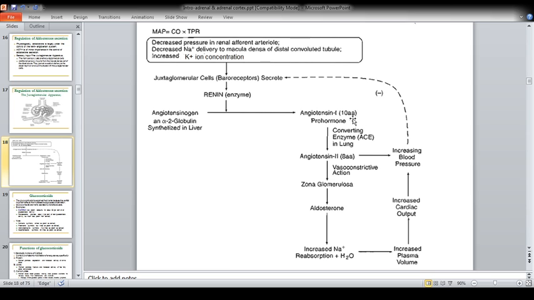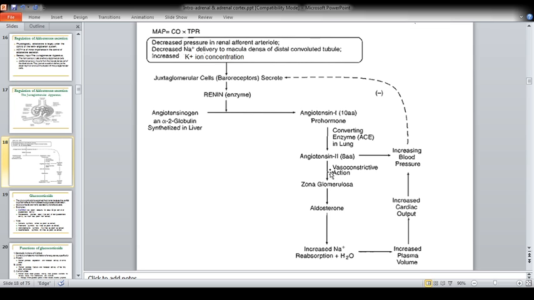This angiotensin 1 is activated via an enzyme which is known as angiotensin converting enzyme or ACE. This angiotensin converting enzyme would convert angiotensin 1 into angiotensin 2.